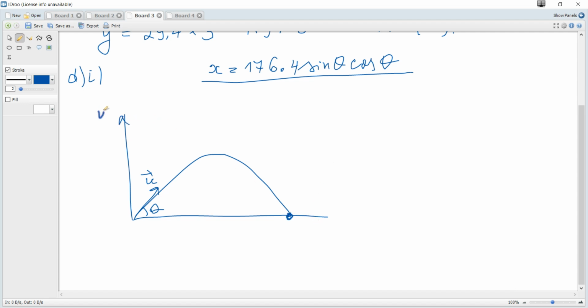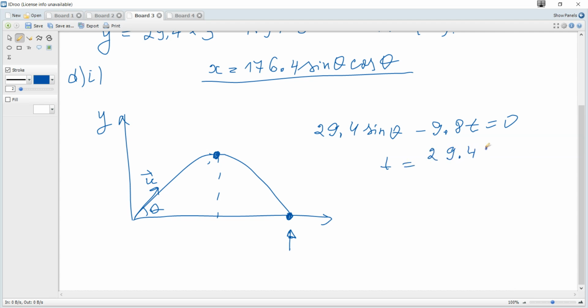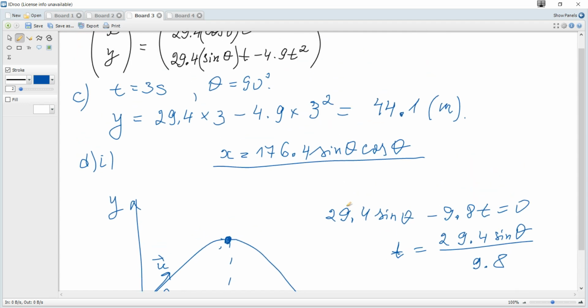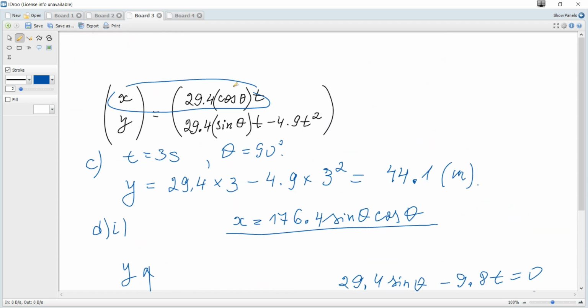And how to find that? You can find the time required to reach the highest point and the time required to reach this point. Due to symmetry, it will be 2 times larger, and to find this you should equate the vertical component of the velocity, which is 29.4 sine theta minus 9.8 t, to be 0. So you can see that t is 29.4 sine over 9.8, and to reach this point we need 2 times larger, and the horizontal displacement.